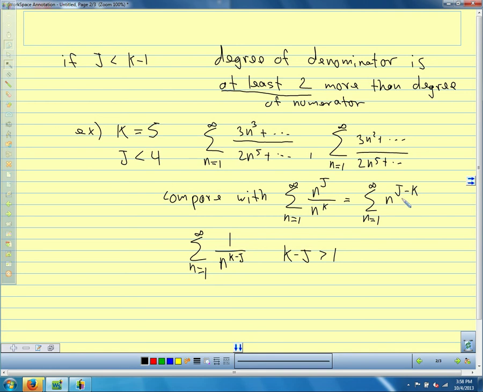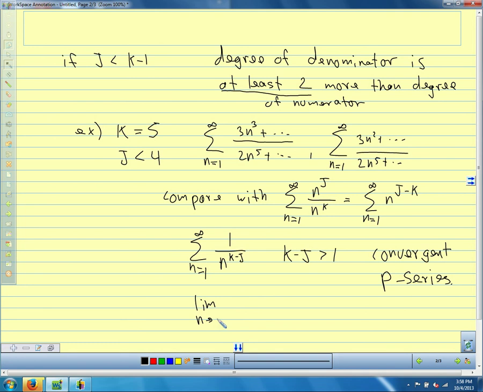So this series would be a convergent p-series. This is a convergent p-series. And we would look at the limit. We're going to use the limit comparison test.